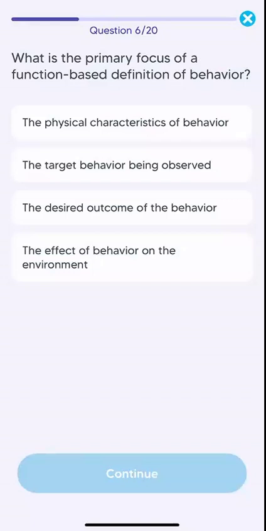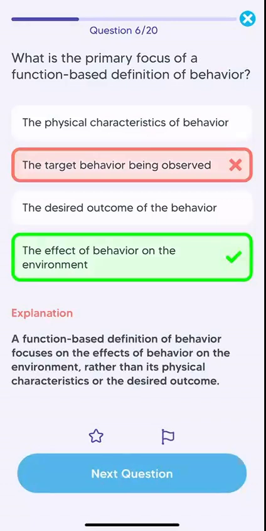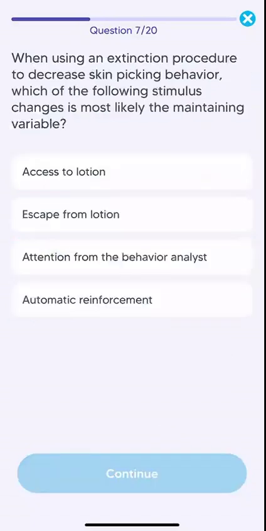What's your answer? If you say the target behavior being observed, yes, it could be, but I was about to say the effect of behavior on the environment. Because function analysis needs to know what the behavior is. Behavior is directly related with the environment, right?